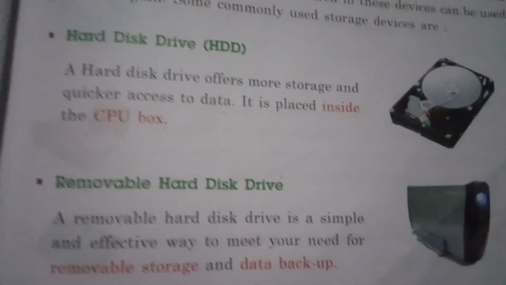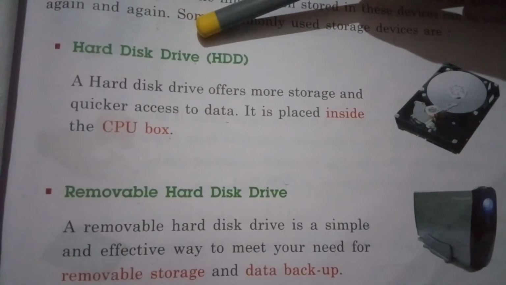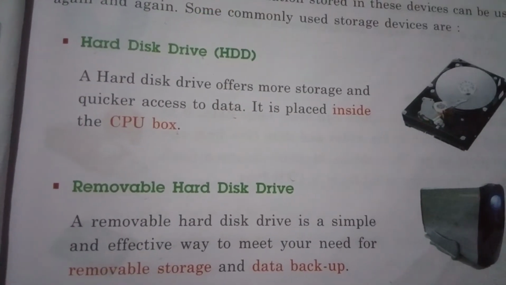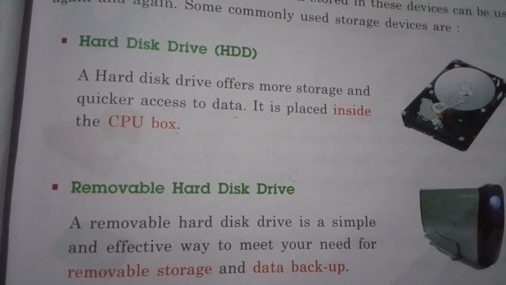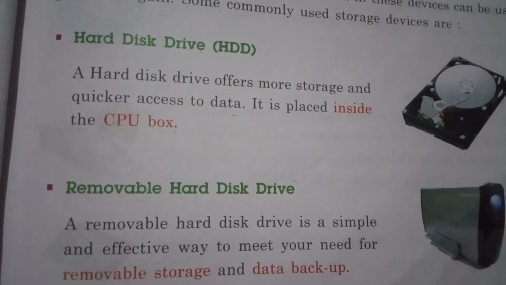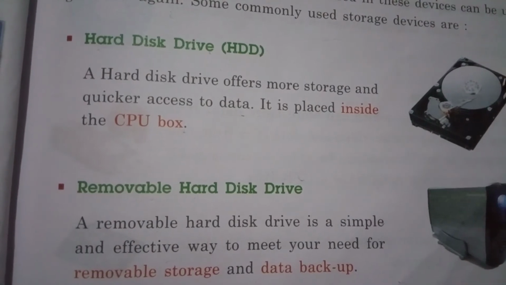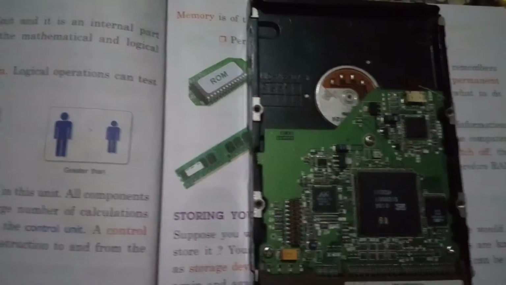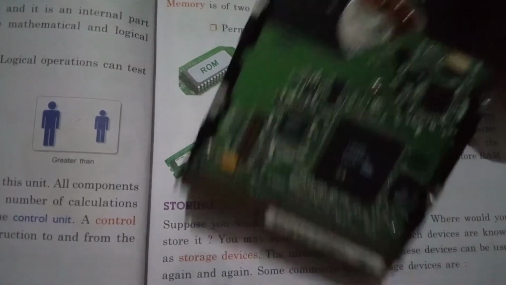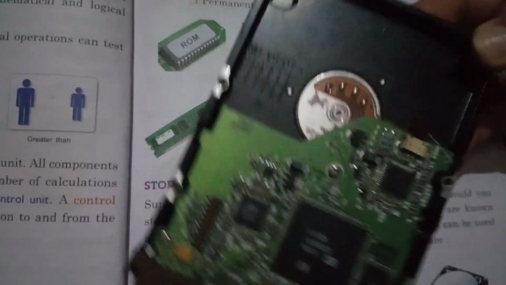Some storage devices are SSD and hard disk drive. It offers more storage and quicker access to data. It is placed inside the CPU box. You can see this, this is the hard disk.